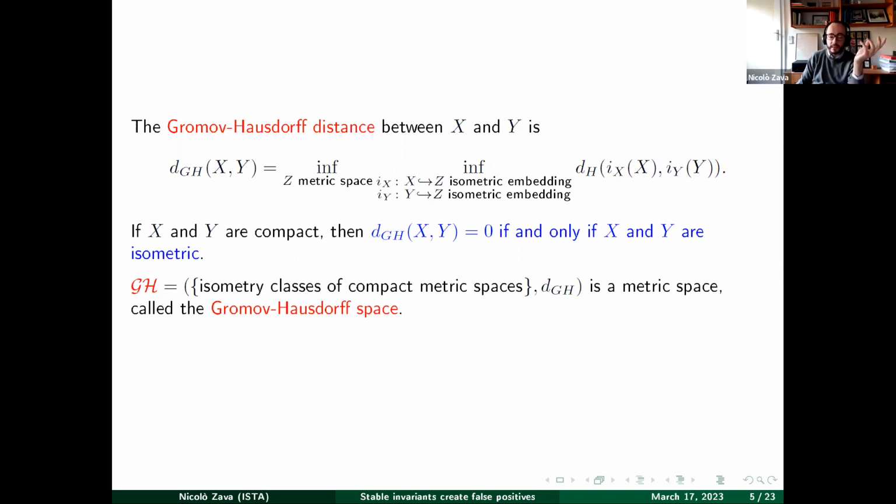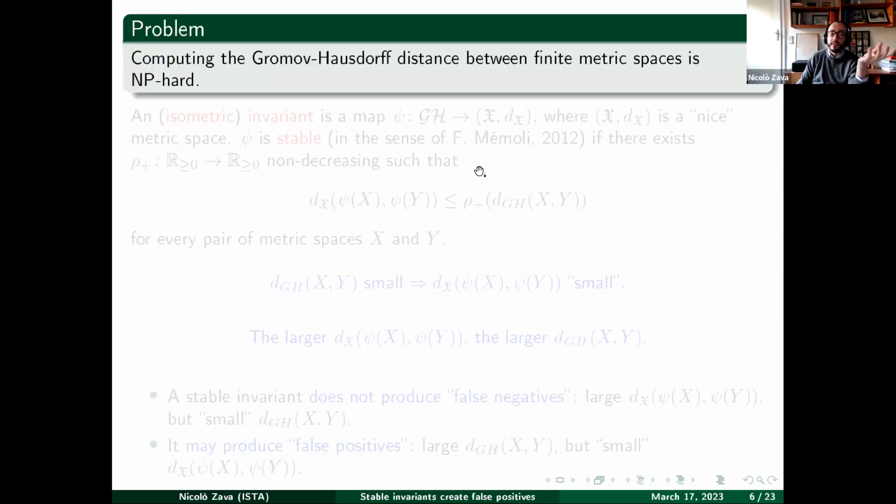But recently, its role in computational topology was emphasized, in particular in shape matching and shape recognition. However, there is a major issue with using the Gromov-Hausdorff distance for computing these resemblances. It's a known fact that computing the Gromov-Hausdorff distance, even between finite metric spaces, is an NP-hard problem.